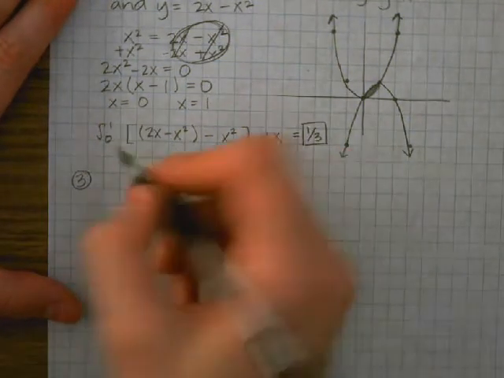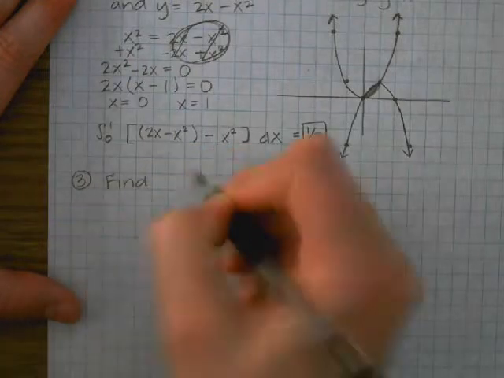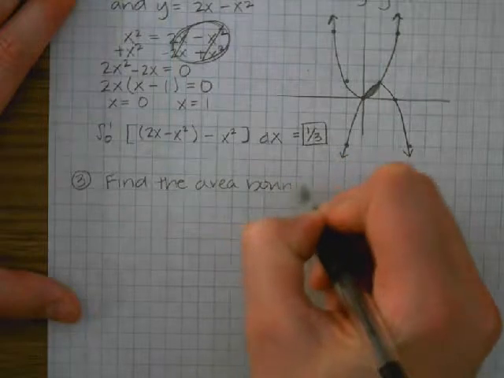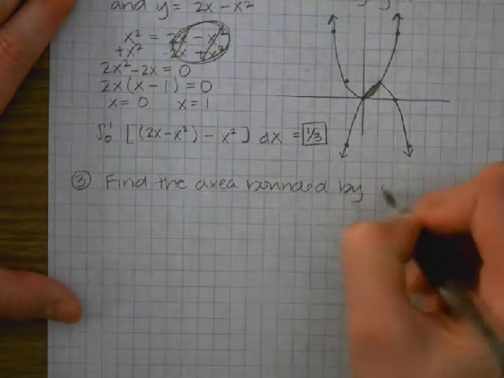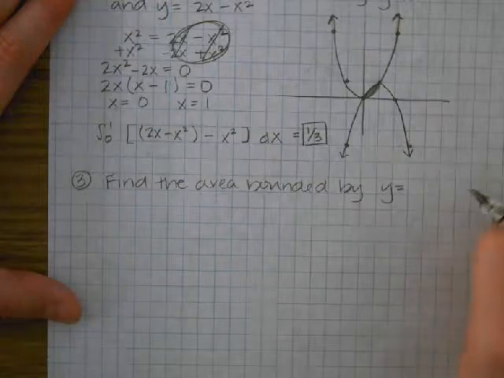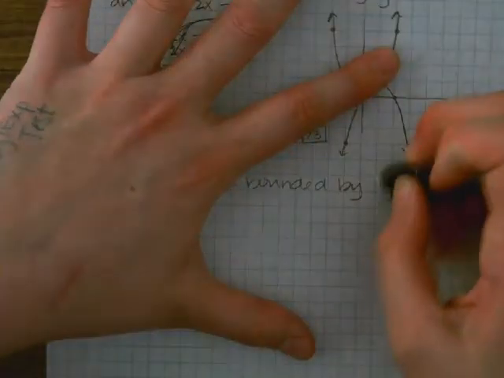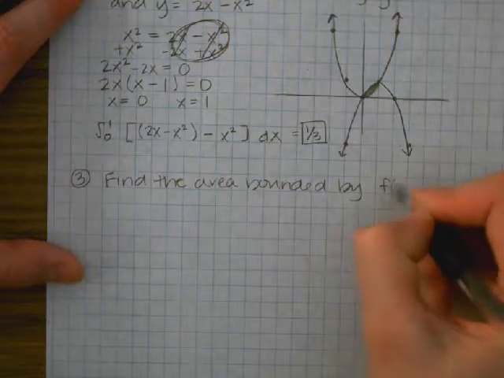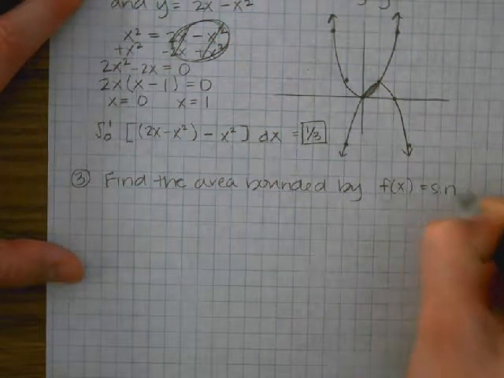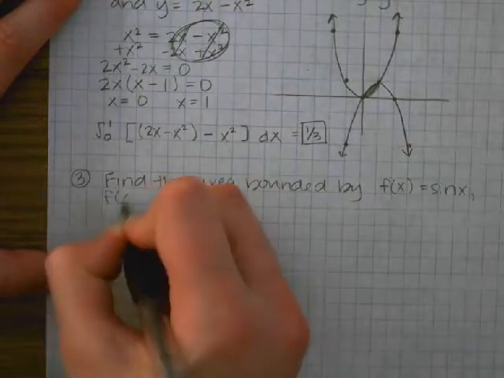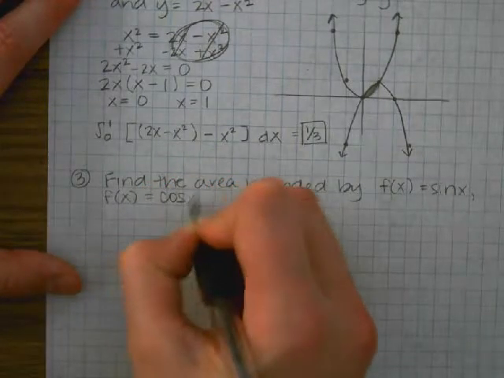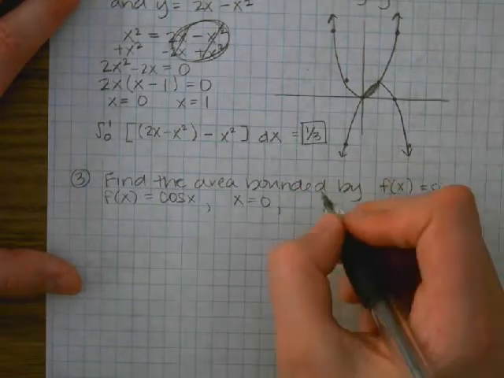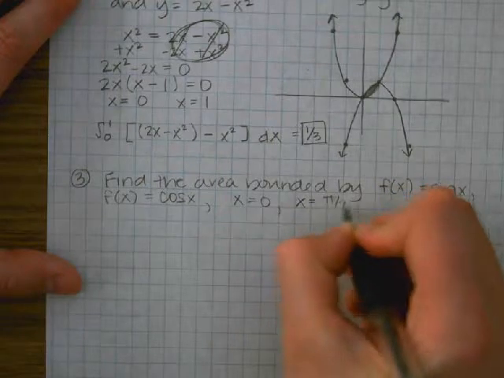All right, find the area bounded by, actually, they did not say y equals. They said f of x equals sine x, f of x equals cos x, x equals 0, and x equals pi halves.